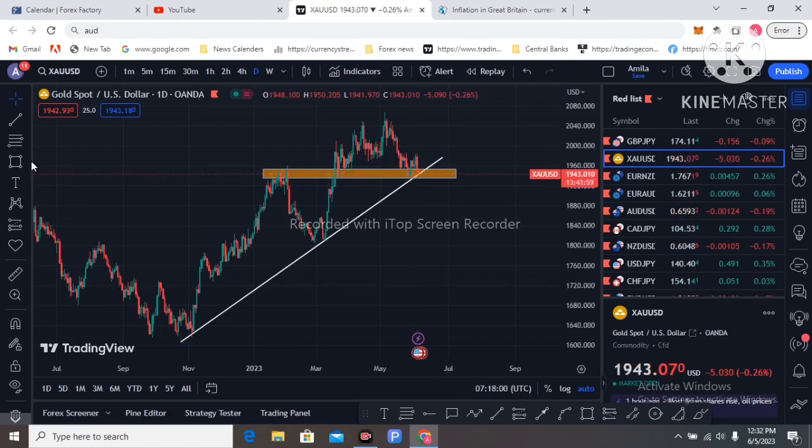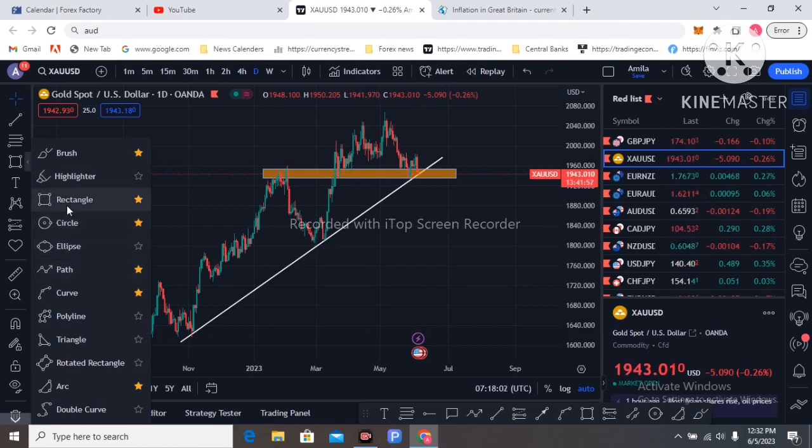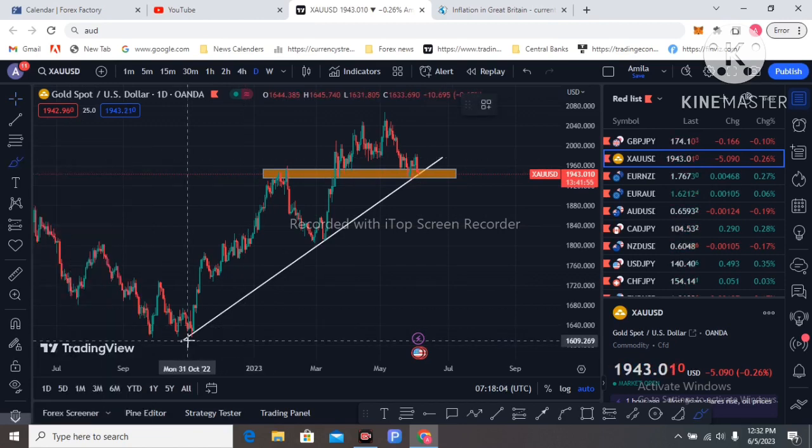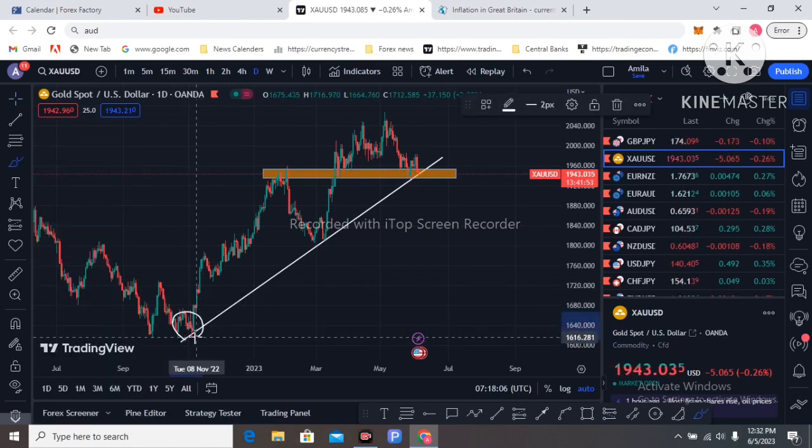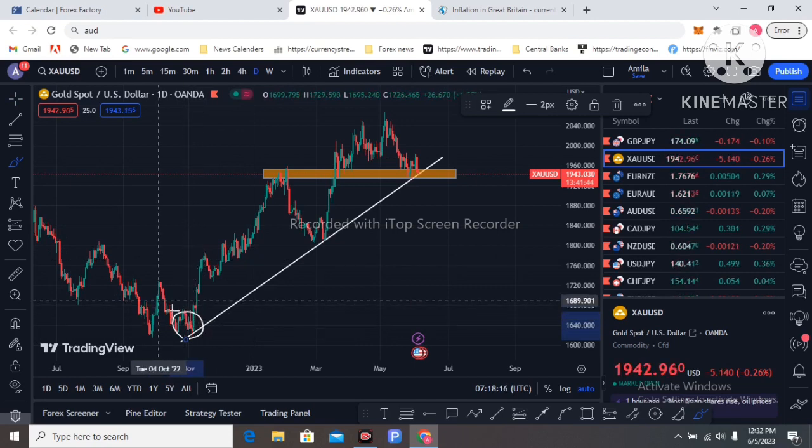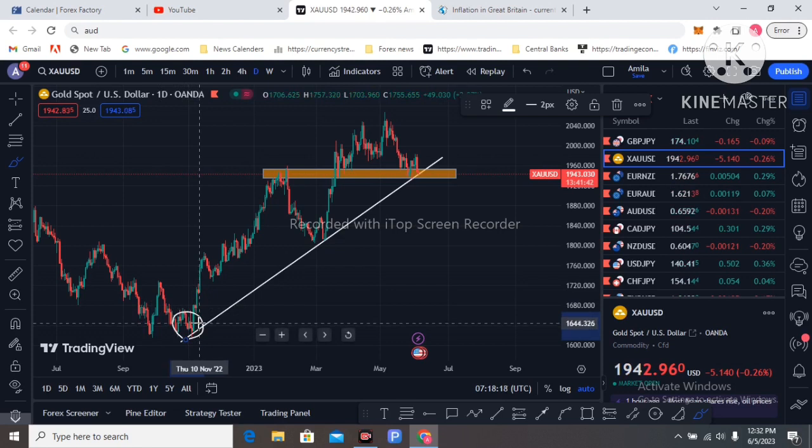You can see the lower touch area, where price was in November last year. Gold was bought in this area because interest rates peaked here, interest rates slowed down here, and gold got demand in this area.